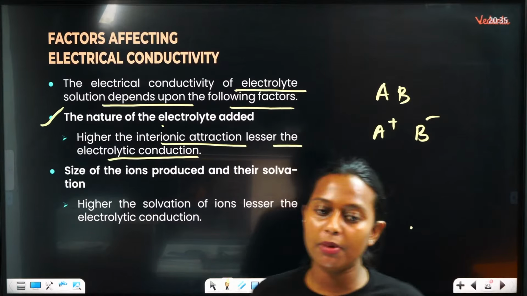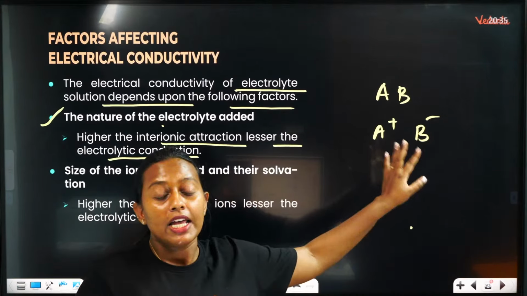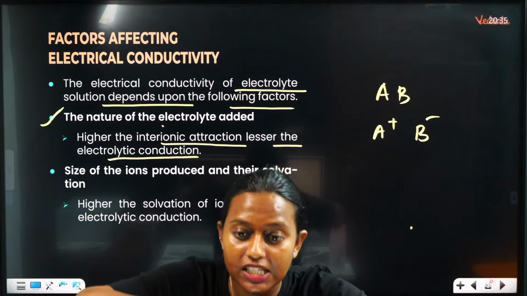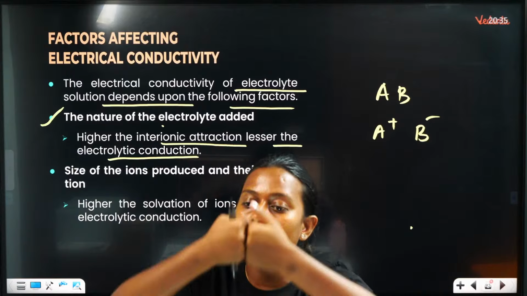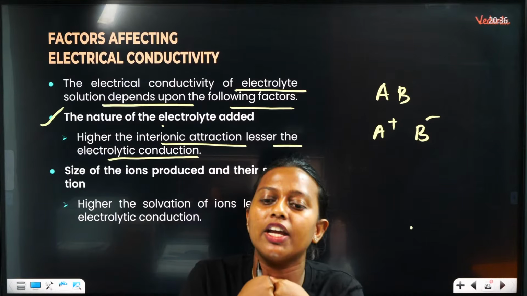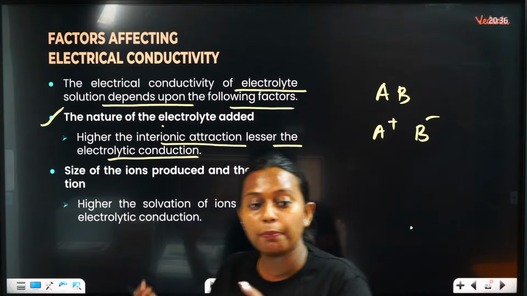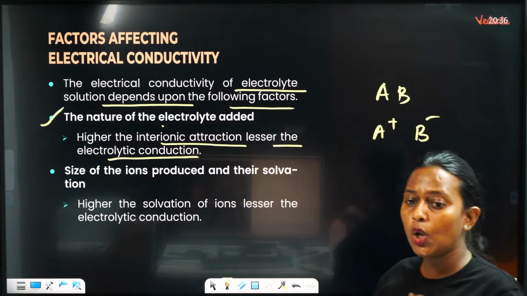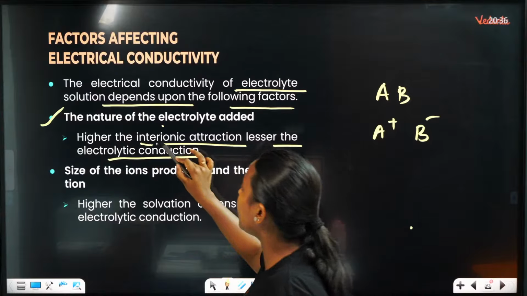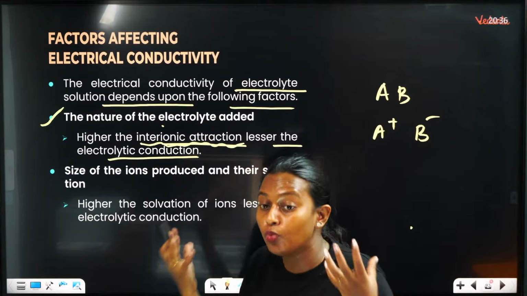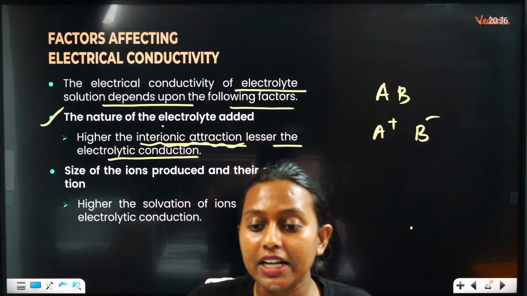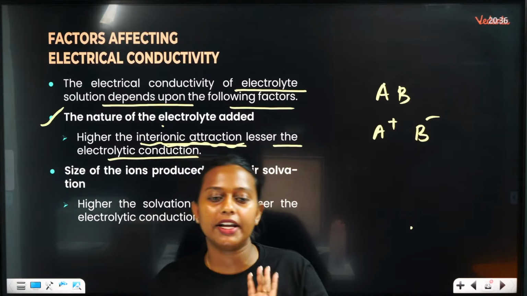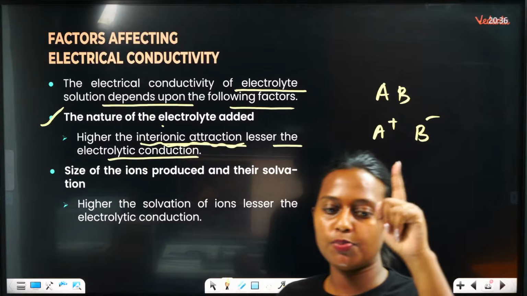If the attraction between A and B is high, then even when dissolved in water, A and B stay together in strong attraction, so A plus and B minus do not form. Then who will conduct electricity? Interionic attraction is more means electrolytic conduction is less. Is the first point clear?